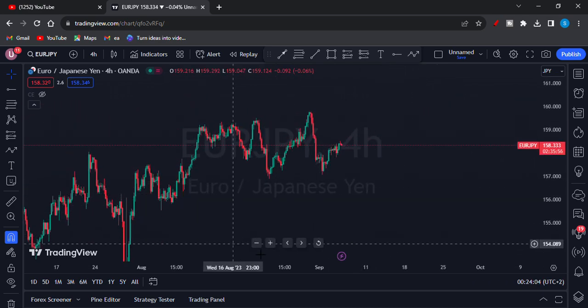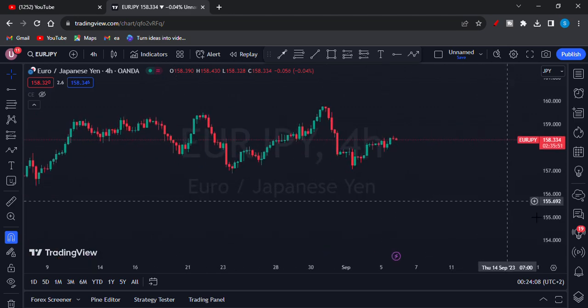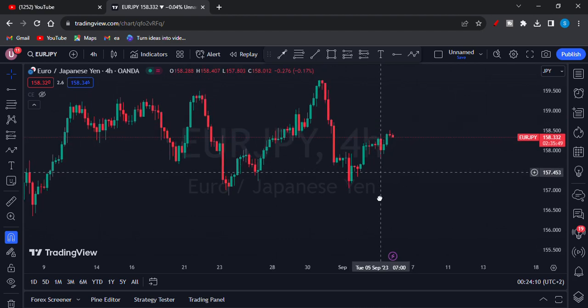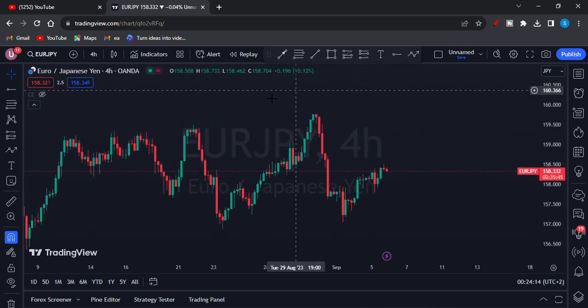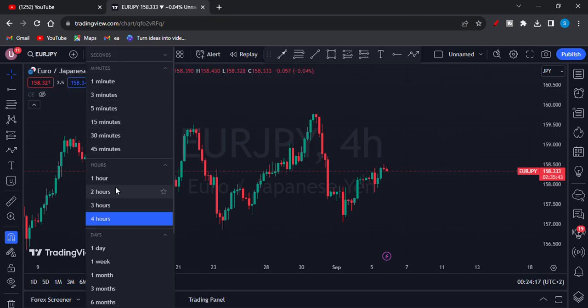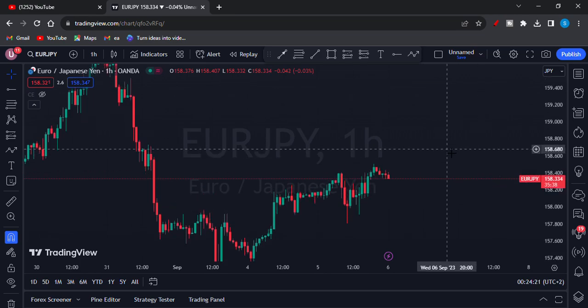Let me just blow up this. So on a 4-hour, I have this structure right here. So let's go to hourly, because right here I don't see any zones.